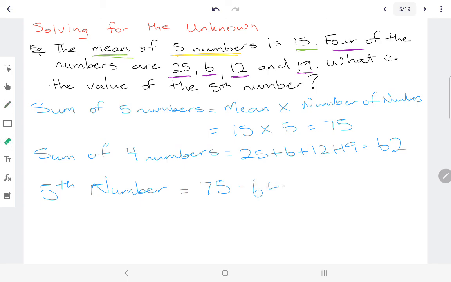Alright, so 75 take away 62, and that will give us 13. So we know now from the list of numbers, 13 is the 5th number. So if we add up 25 plus 6 plus 12 plus 19 plus 13, we should get back 75, which is the sum of the 5 numbers.